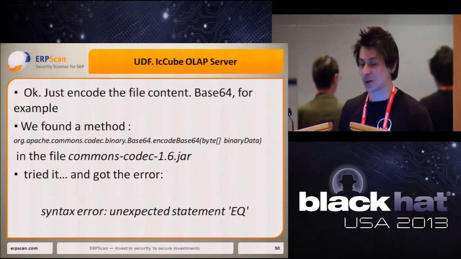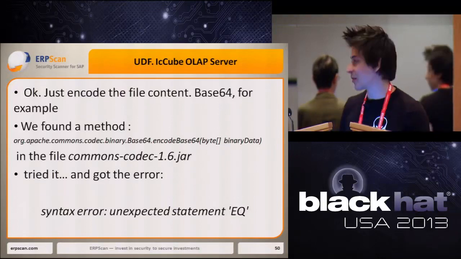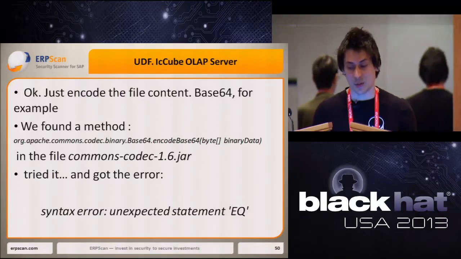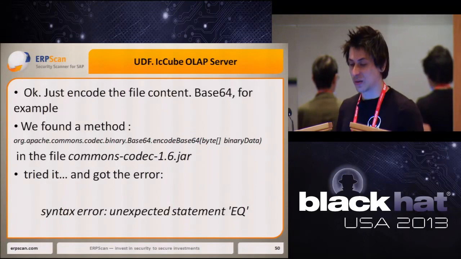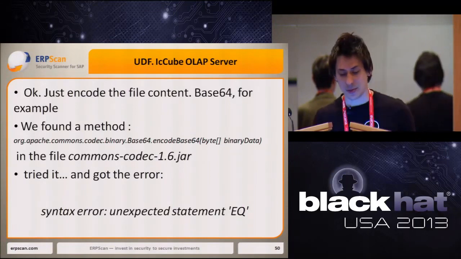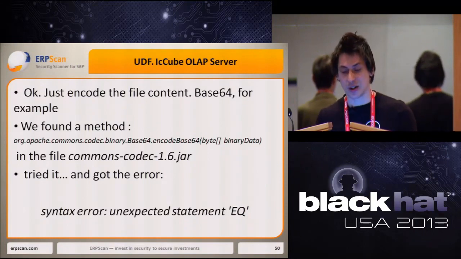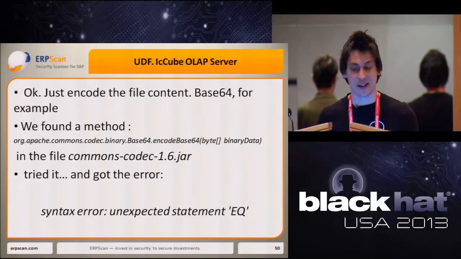And the solution is obvious. Just encode the file content, for example, with base64. By the way, we found a method encodeBase64, and we add this method to the query, send it, and here's the file again.